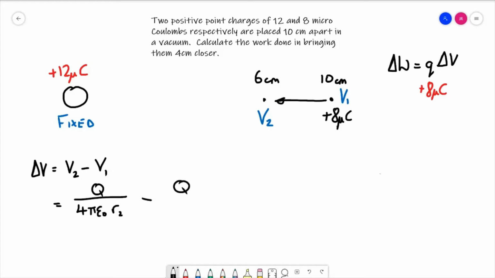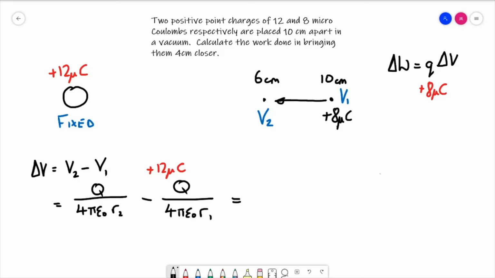And we subtract from that Q over 4 pi epsilon naught R1, which is our initial position and therefore is 10 centimetres. The Q on the top of the equations here will be the 12 microcoulombs that we'll plug in in just a moment's time. What we can see first though is that in both of these terms, Q over 4 pi epsilon naught R2 and Q over 4 pi epsilon naught R1, the Q, 4 pi and epsilon naught are all like terms.